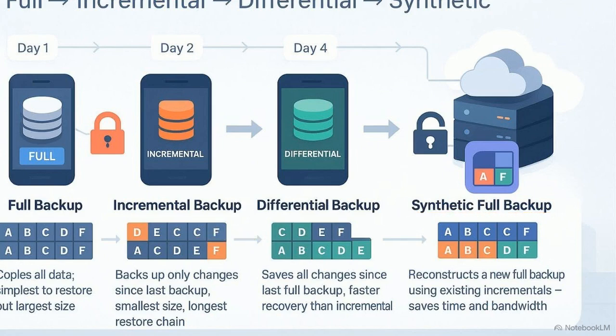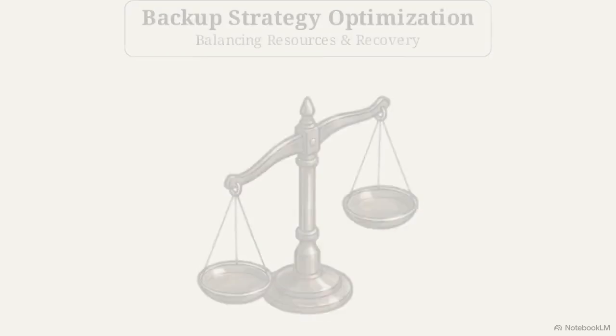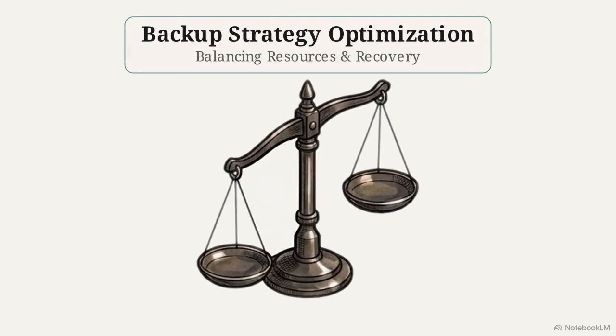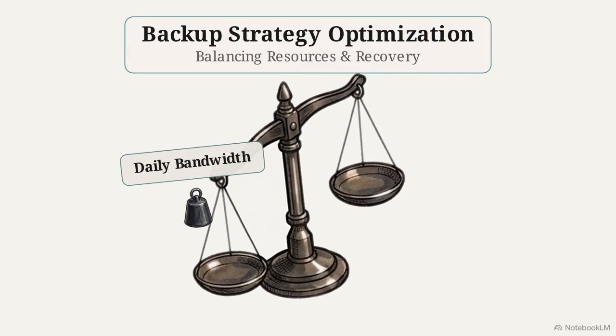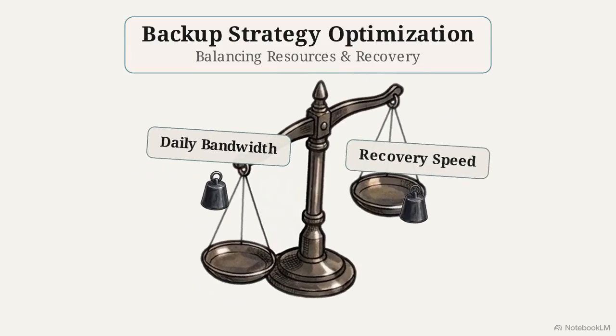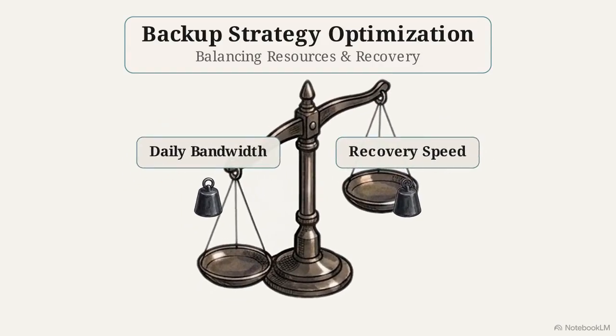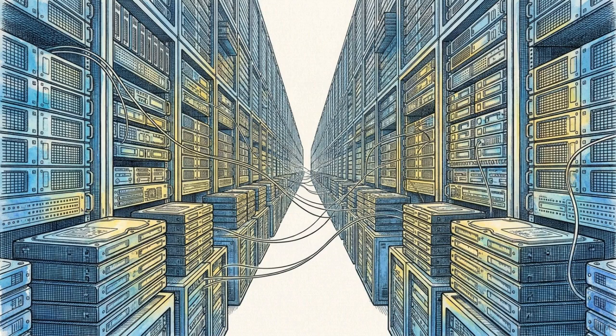The system automatically combines an existing full backup with recent incrementals to reconstruct a new virtual full backup offline, saving live network bandwidth. Choosing the right backup chain is a calculated mathematical balance between preserving daily operational bandwidth and ensuring emergency recovery speed. Once those logical chains are chosen, they must be scheduled in a strict rotation.